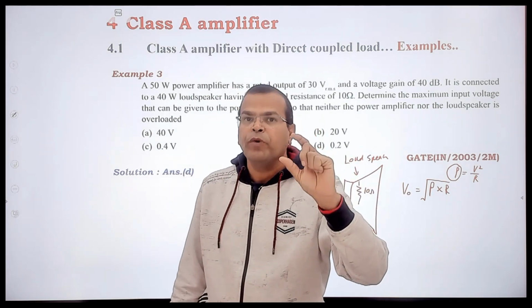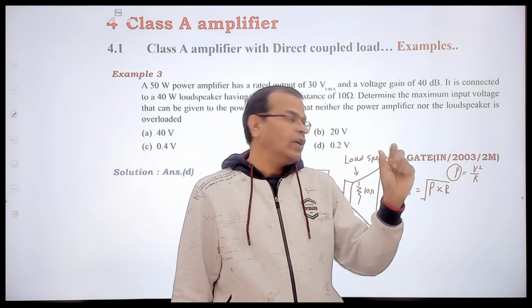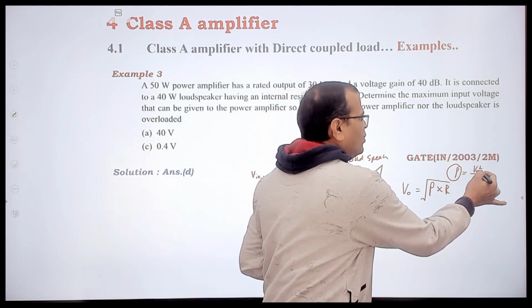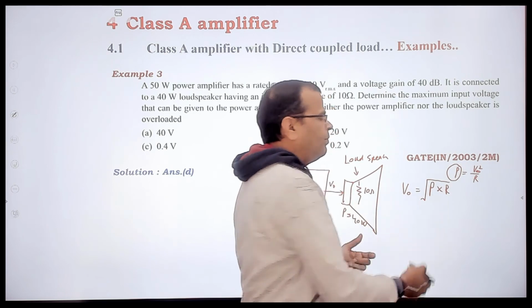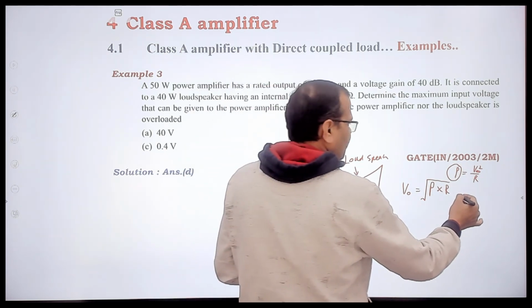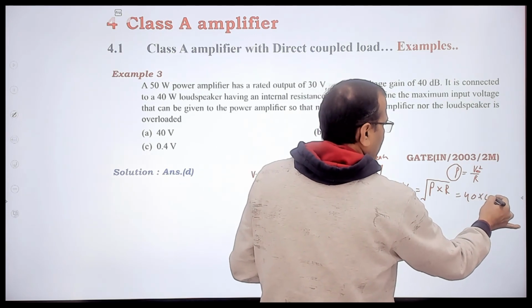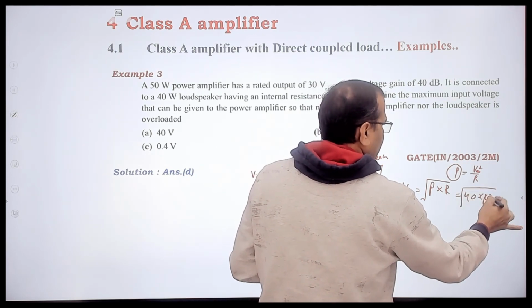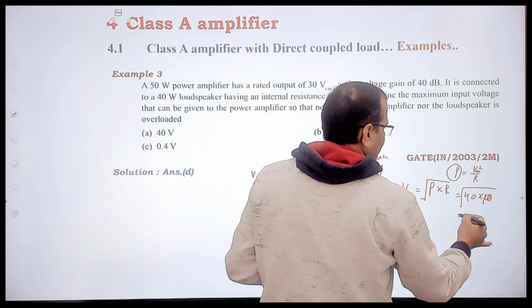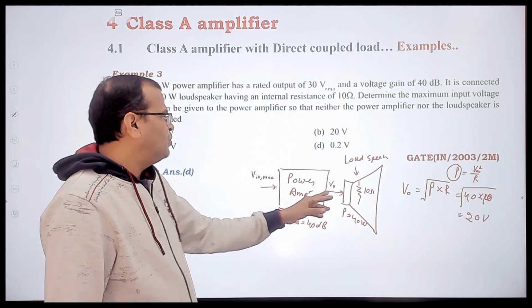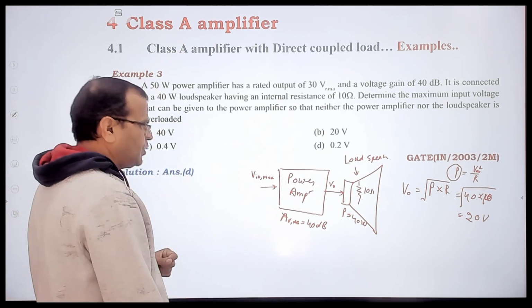Power is V square upon R. So the voltage here is V naught. So V naught will be equal to what? Root of P into R. P is given to you how much? 40. R is given to you how much? 10, under root. Right? So this gives you 20 volt. So the output voltage of the amplifier is 20 volt.